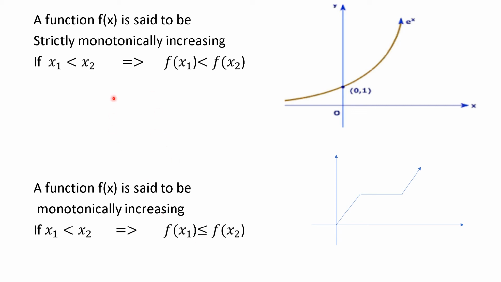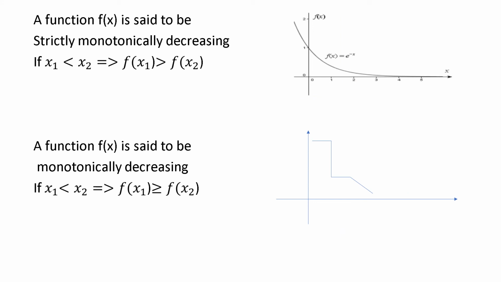See the difference between these two. In strict sense, if x1 is less than x2, then f of x1 is also less than f of x2. In usual sense, just increasing means if x1 is less than x2, then f of x1 is less than or equal to f of x2.